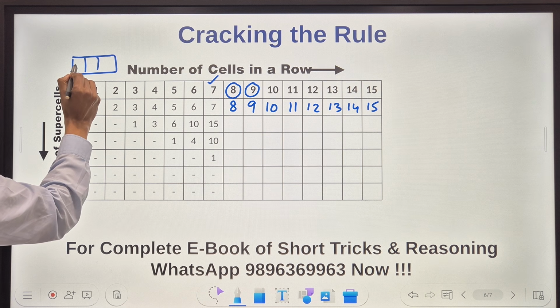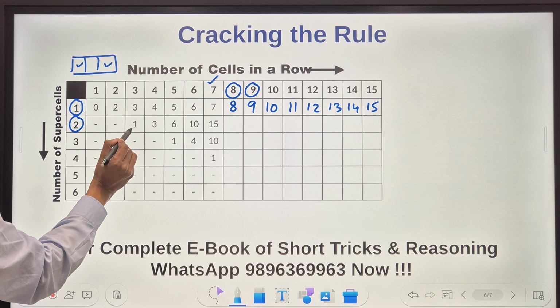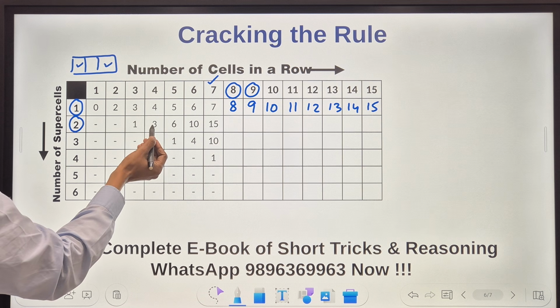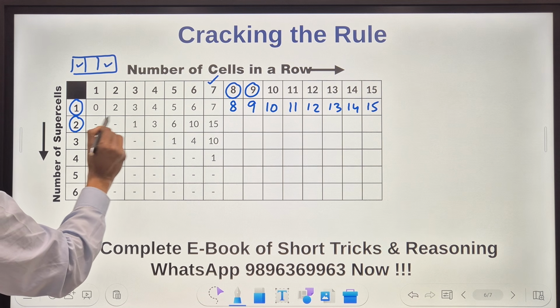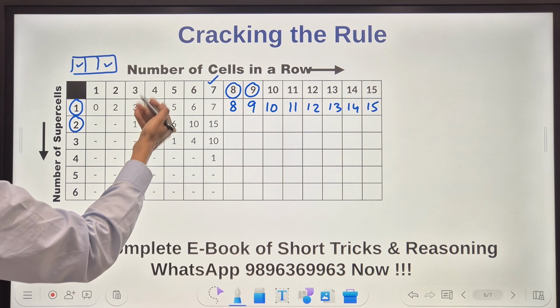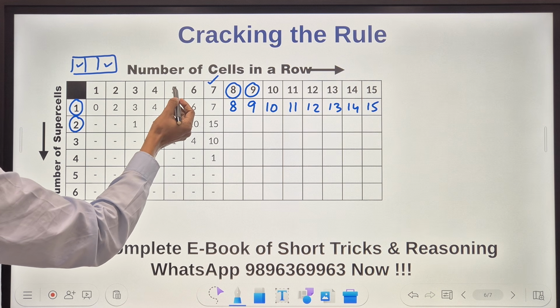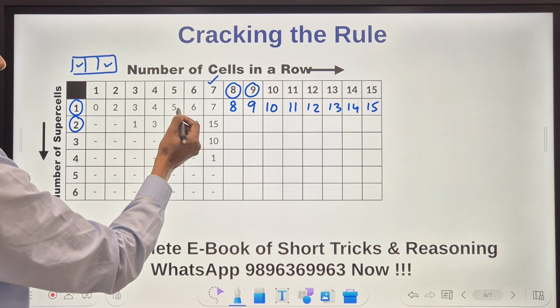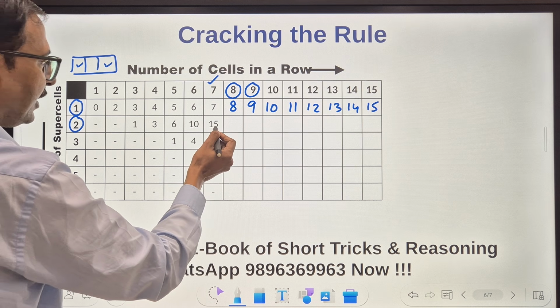So it can be first and third only, so therefore only 1 is here. Likewise, we did a 4 by 1 grid having 2 supercells 3 times, 3 different ways of representation. Then a 5 by 1 grid having 2 supercells 6 different ways. Likewise 10 different ways here, 15 different ways here.